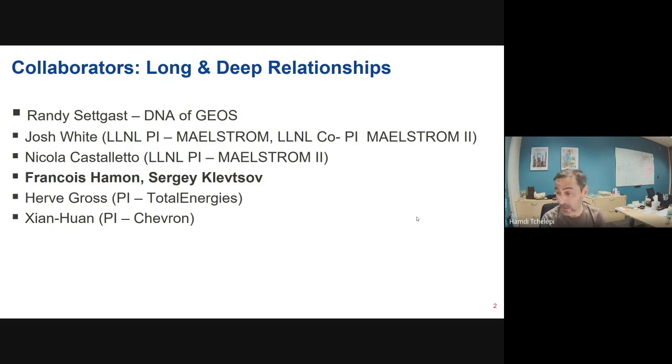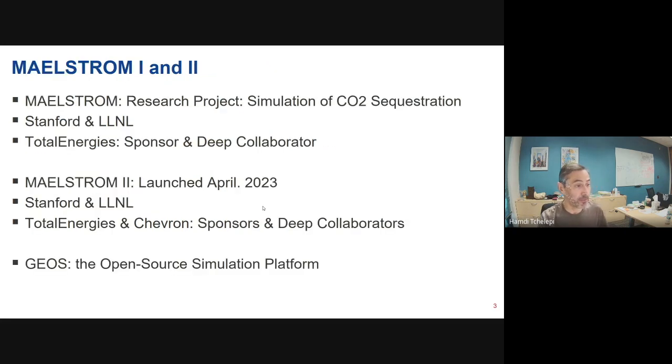I also want to acknowledge the PIs from Total Energies and Chevron, who not only sponsor, but also work with us collaboratively on the development of the algorithm and the simulator. Just to keep things straight, Maelstrom is the research project that is significantly larger in scope than developing code.